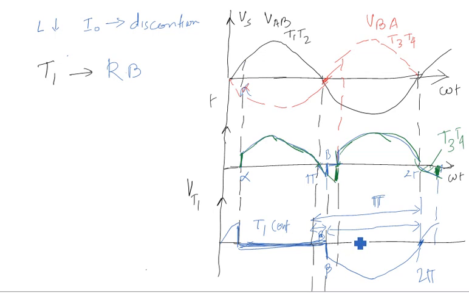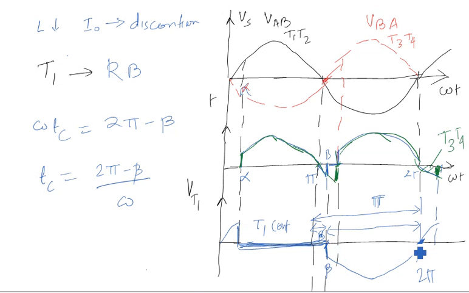This period. So how will you write it? Omega Tc is equal to this cycle, so I can write 2 pi minus beta. So Tc will be (2 pi minus beta) upon omega. This is my end point, and this is my beta.